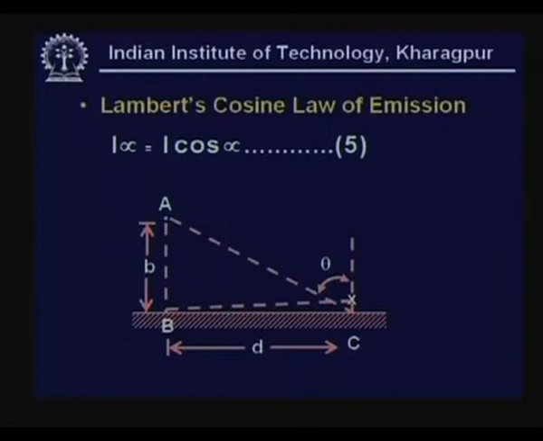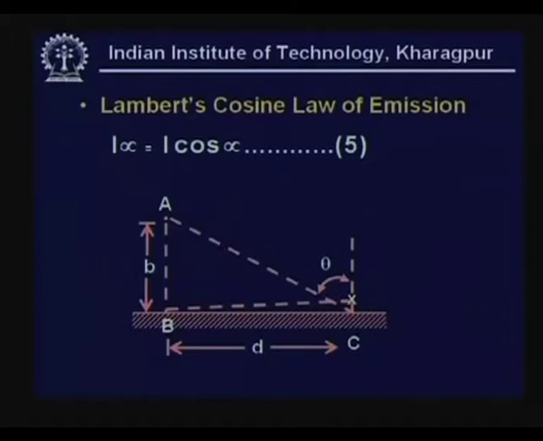Whereas when you go farther and farther away from the lamp, you get theta higher and higher. And we know that when you move from 0 to 90 degrees, cos theta goes from 1 to 0. It reduces from 1 to 0, and that being the case, you have a decrease in your I, normal light flux, as you go away.